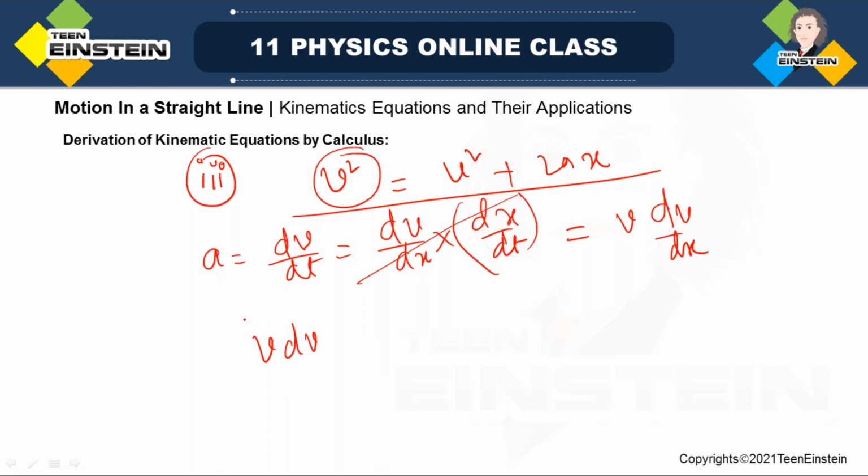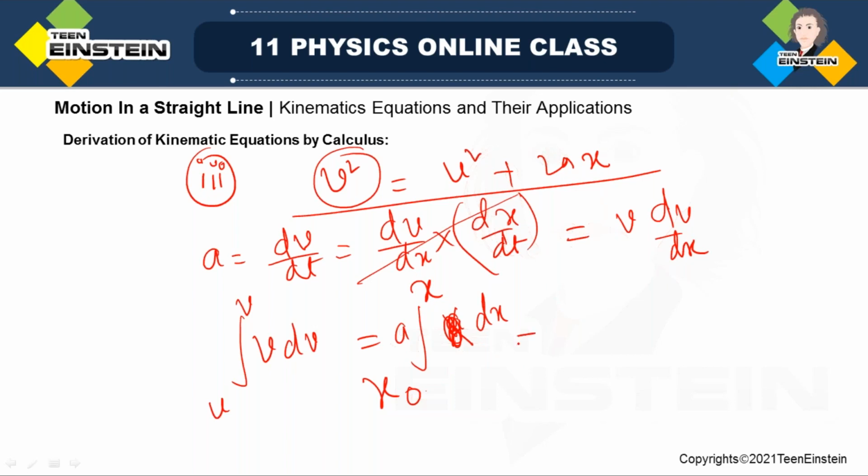So v dv, integrating from u to the final velocity v, equals a into dx. Acceleration is not changing with time or space, so it can be written outside, and the displacement x goes from x0, the initial displacement, to some final displacement x.